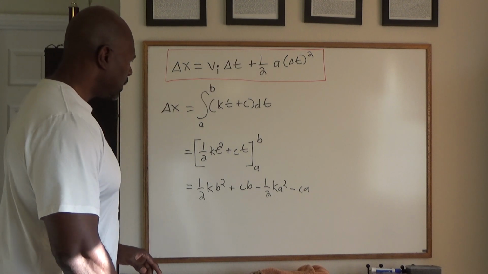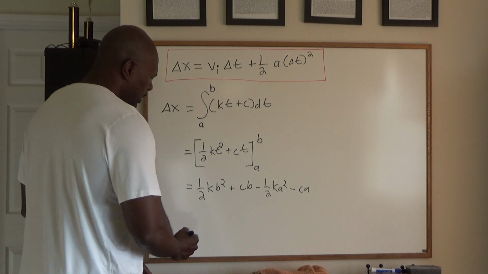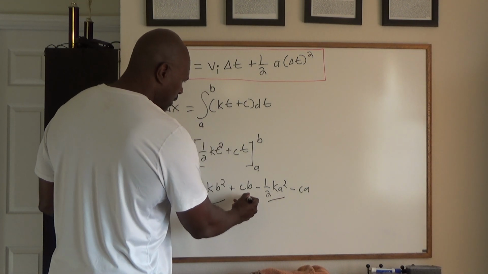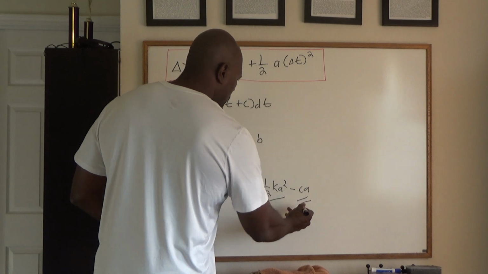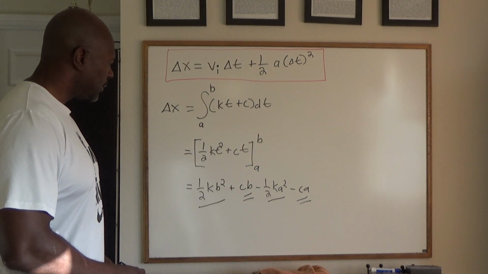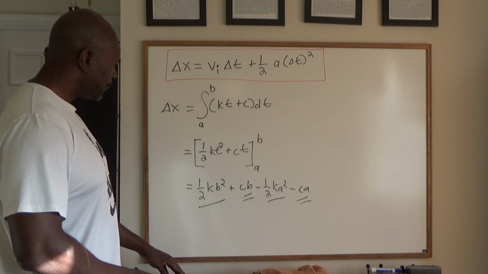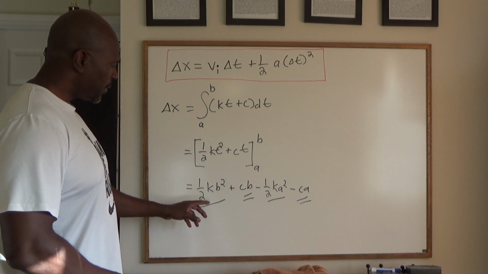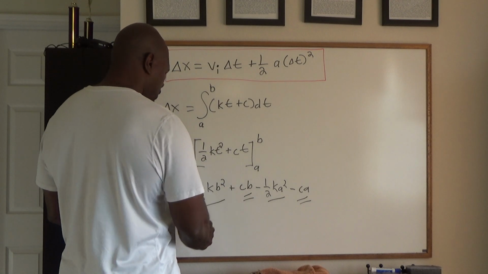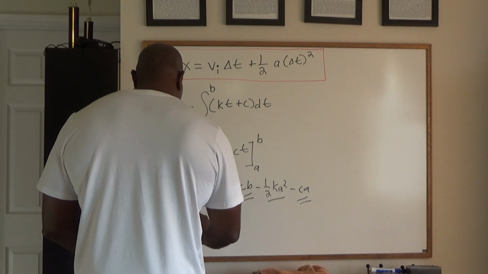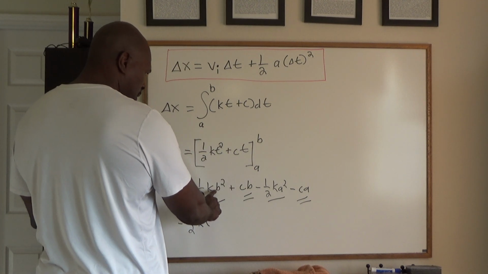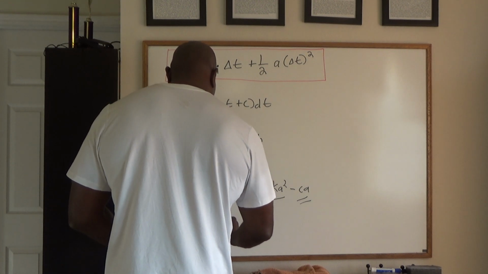So one thing we can do is isolate these two together and those two together, take out the common factors, and do some manipulation. Here the common factor is 1/2 k, so I'm factoring out a 1/2 k from both of these. And so I have 1/2 k, and what I'm left with will be b squared minus a squared.